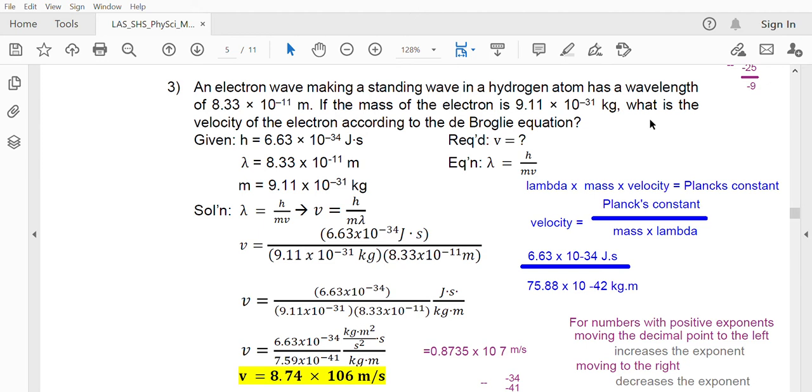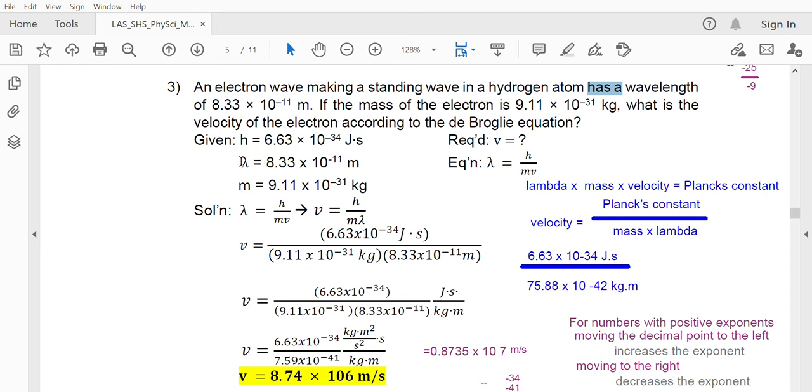Okay, we will analyze the problem and identify the given. So the first thing we have to write is the Planck's constant. Next, it says here the atom has a wavelength, which is 8.33 times 10 to the negative 11 meters.